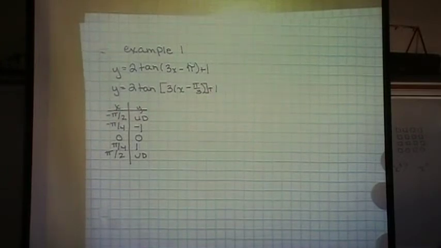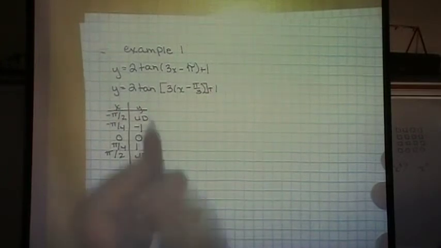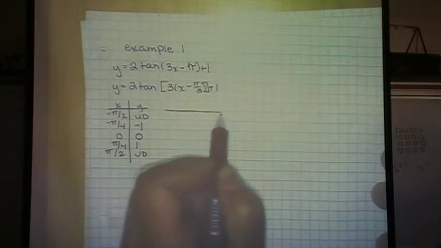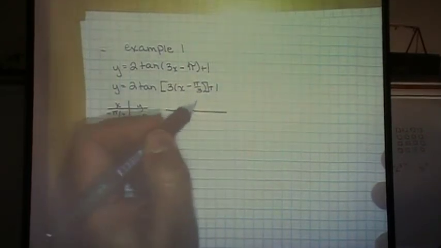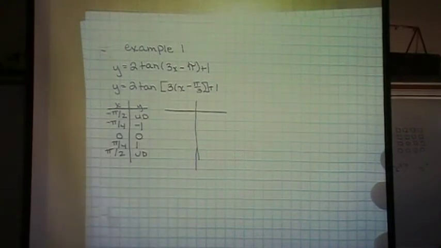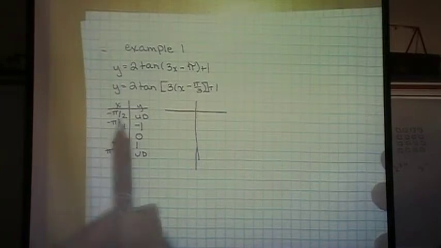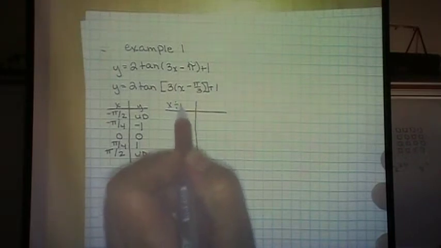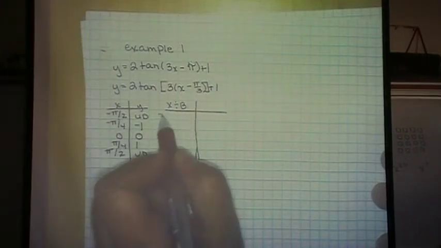Okay. So that's our mother function. So now let's start doing our transformation. The first thing I want to do, and I want to give myself plenty of room, is I'm going to divide my x value by my b value. So negative pi over 2 divided by 3.